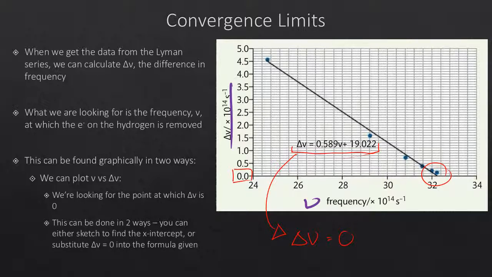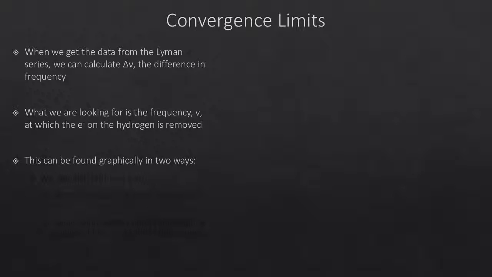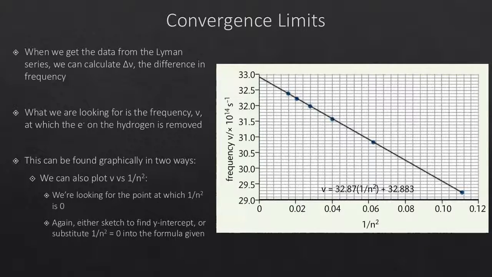Now the other way, the second way we can do this, is by plotting frequency versus 1 on n squared. The reason we do the 1 on n squared is just so we get a straight line. In the previous graph, the data points were a little bit off the line. By graphing it this way, all of those data points are on the line and it's much prettier.